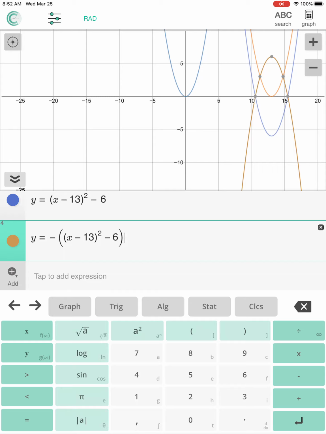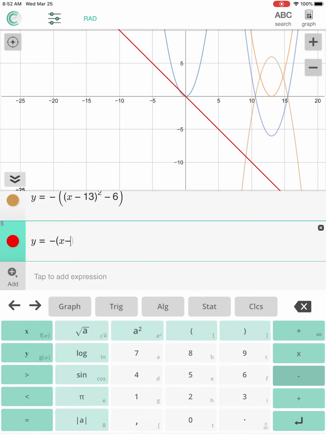And notice how the blue one over here on the right-hand side is a reflection across the x-axis of this brown one. However, if I hadn't done that, if I just put the negative out in front, and I didn't distribute the negative, so this would still be minus 6.